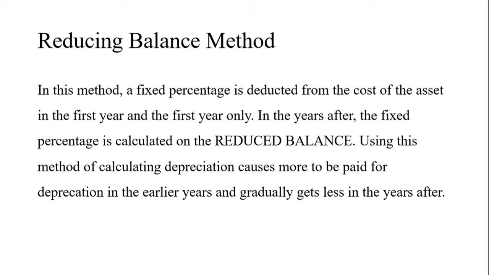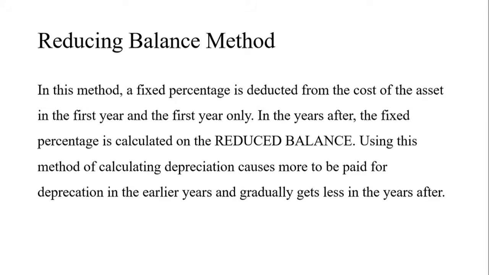All right, so let's look at the reducing balance method now. The reducing balance method is where a fixed percentage is deducted from the cost of the asset in the first year, and in the first year only. Very important, guys. In the years after that, the fixed percentage is then calculated not on cost anymore, but on what?